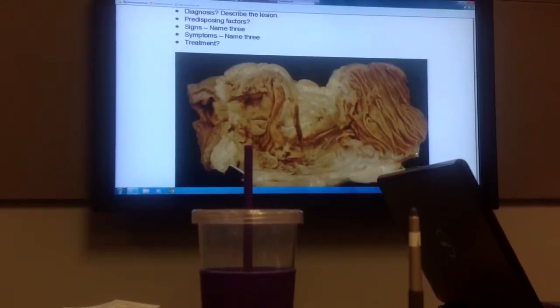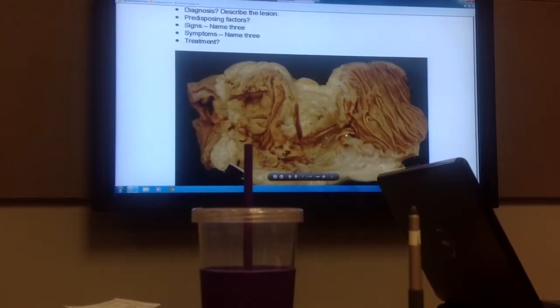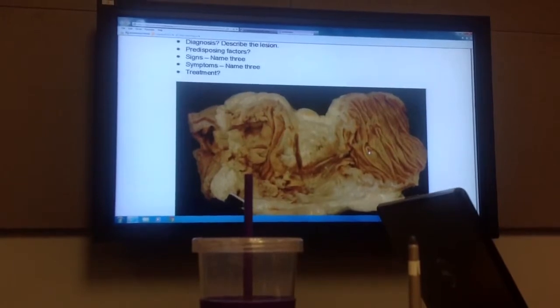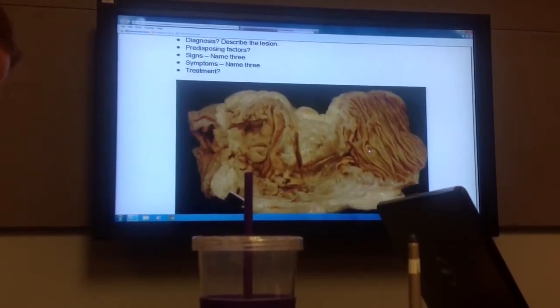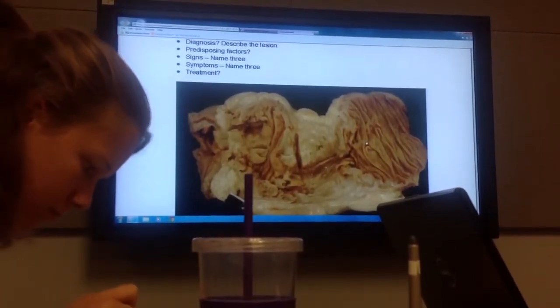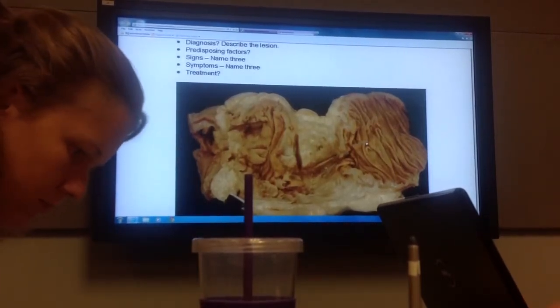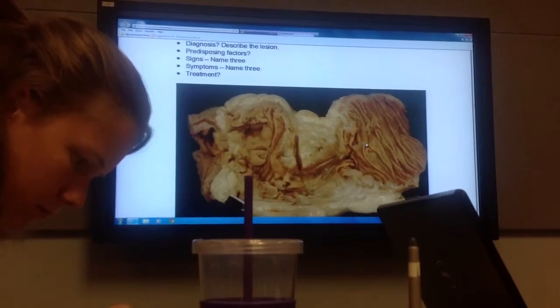If we come here on this side, we do the same thing. Here's the lumen from here to here. So you can see how that's really narrowed and strictured, right? It's probably at least partially, if not completely, obstructing. So that would be like an annular or napkin ring lesion, where they go around like that.